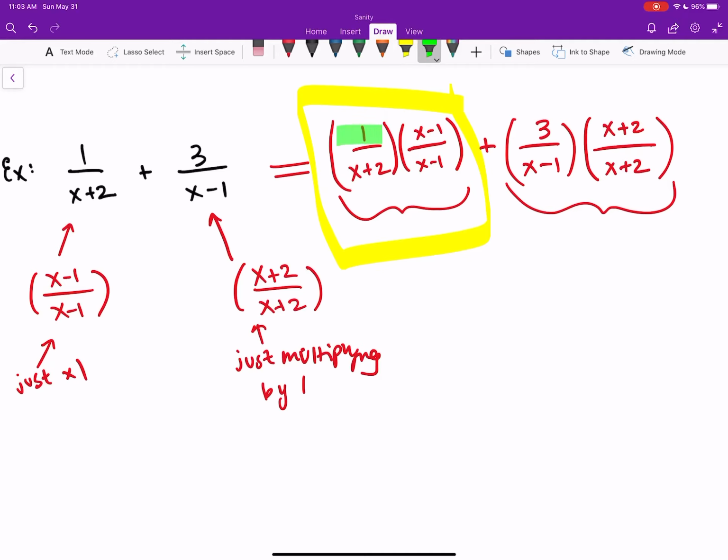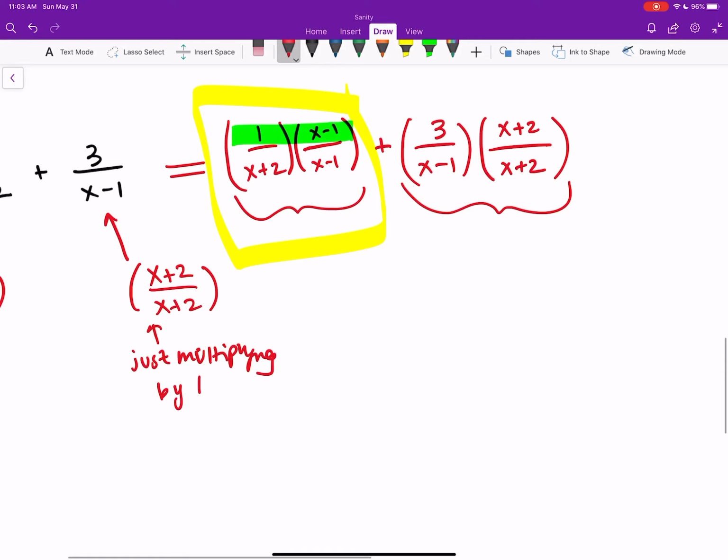My numerators here, it's 1 times x minus 1, which is just x minus 1. Divided by what's on the bottom if we multiply straight through, that is x plus 2 times x minus 1. So that's that first term simplified down.